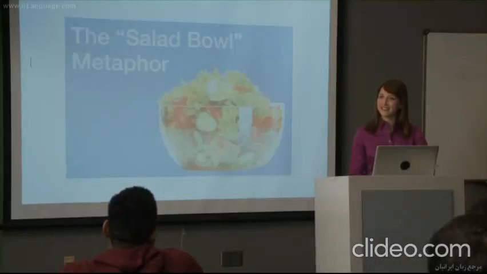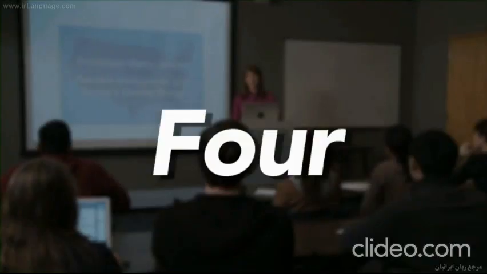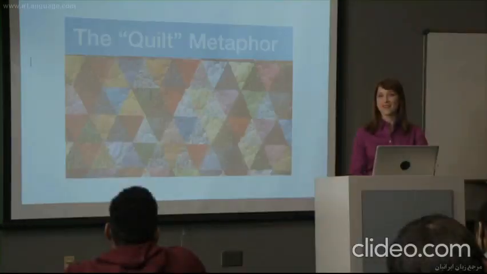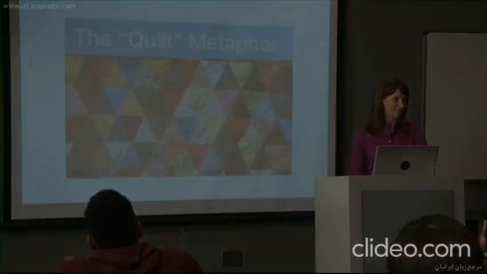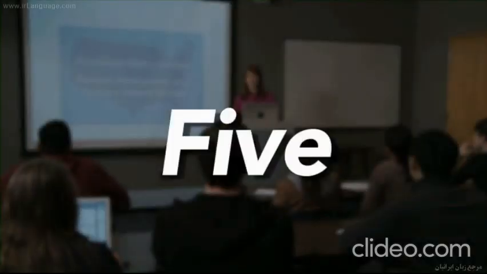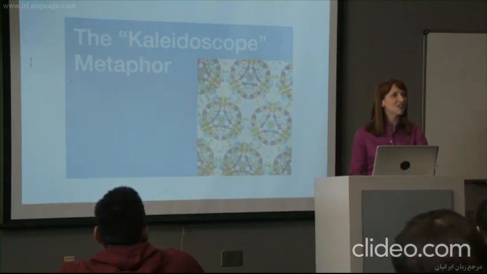Of course, a salad is a dish made up of different vegetables that are mixed together. A patchwork quilt is a cover for a bed that's made from pieces of colorful cloth sewn together. A kaleidoscope is a kind of tube that you look through, and if you turn it, you can see complex, changing patterns.